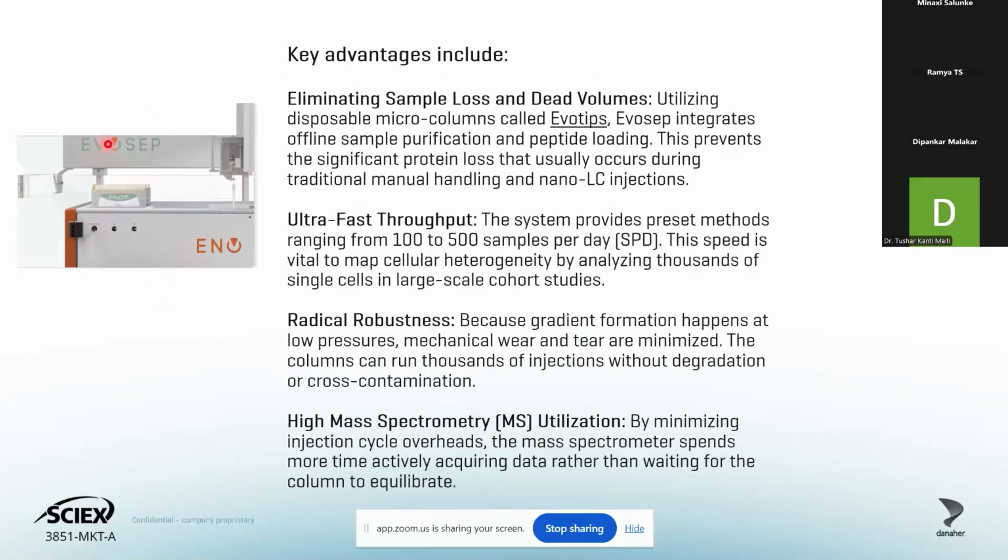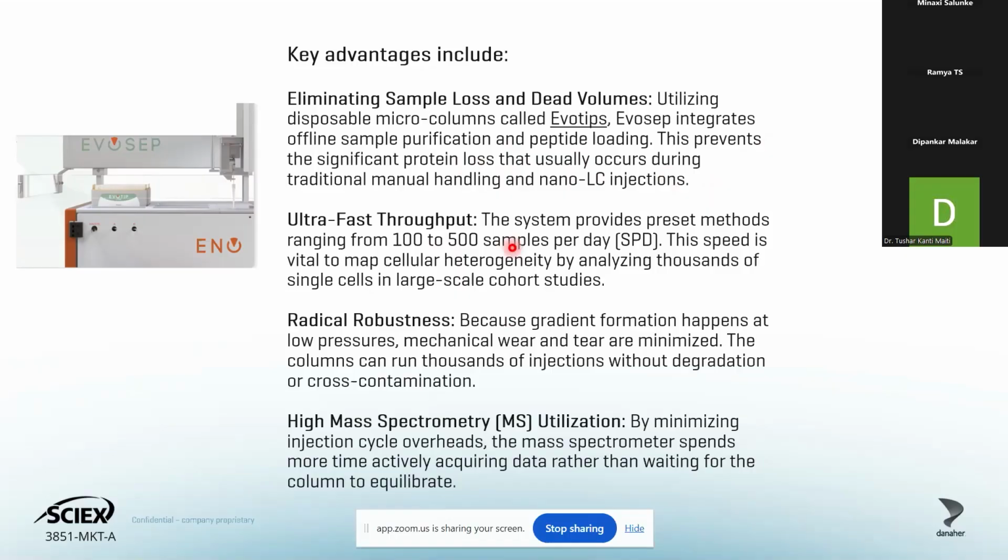The Evosep system actually has some advantages over the traditional nano LC system. It utilizes the Evotip, a disposable microcolumn, and Evosep integrates offline sample purification and peptide loading, and this prevents significant protein loss that usually occurs in traditional nano LC systems.